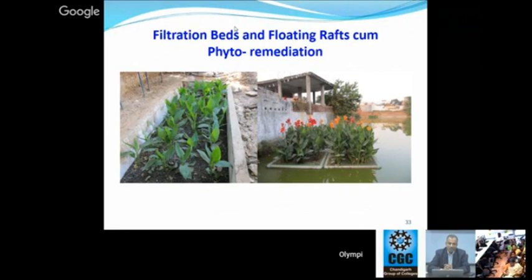What did we do? We developed a small float, and this small system was created and we put it inside the pond. So 30 to 40 such floats were created with the help of hollow FRP pipe of 20 feet size.